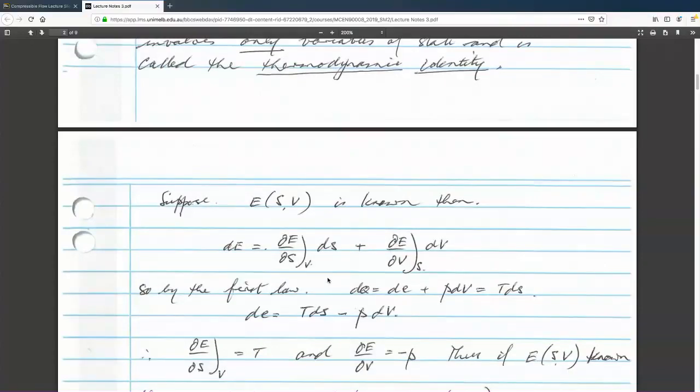So we're going to say that E is a function of S and V, in which case I can write down mathematically that the change in E is dE/dS at constant volume plus dE/dV at fixed S, delta V.